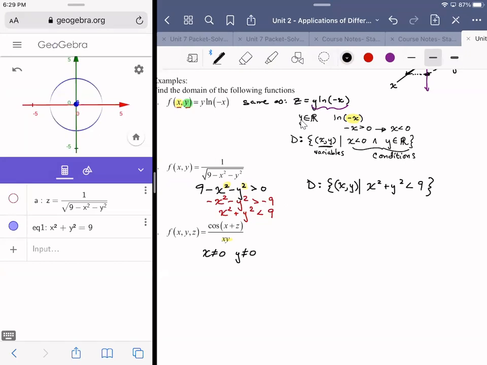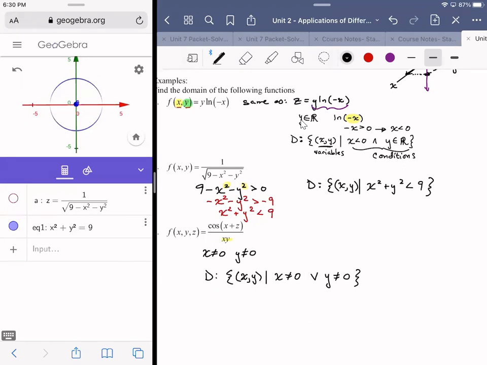So my domain here is really just the set of (x, y) such that x can't be equal to 0 or y can't be equal to 0. I went with an or here because if either of them is equal to 0, the function's undefined.